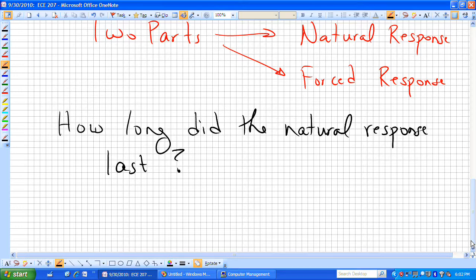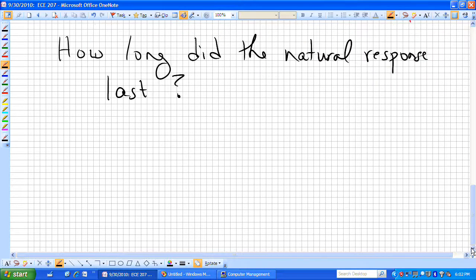If you had more energy storage devices, you could have more time constants. What we would want to look at in that case is the slowest time constant, or actually the longest tau or time constant.